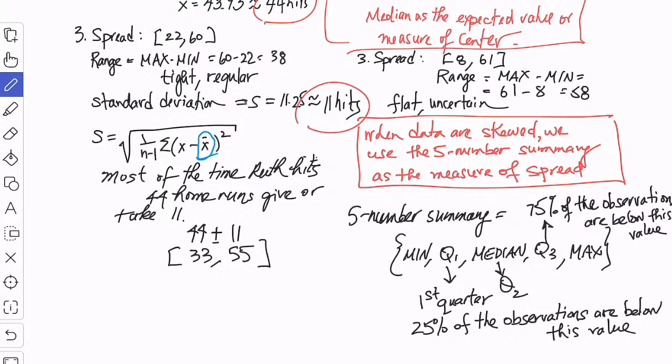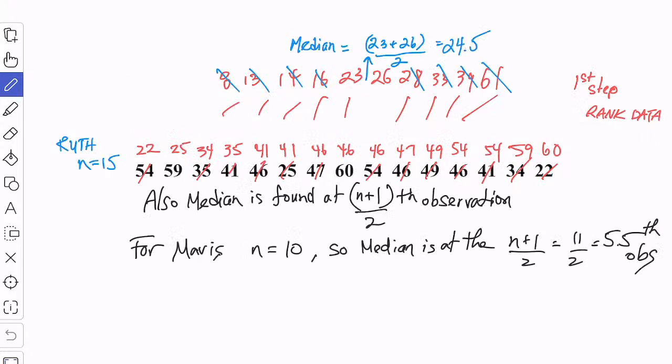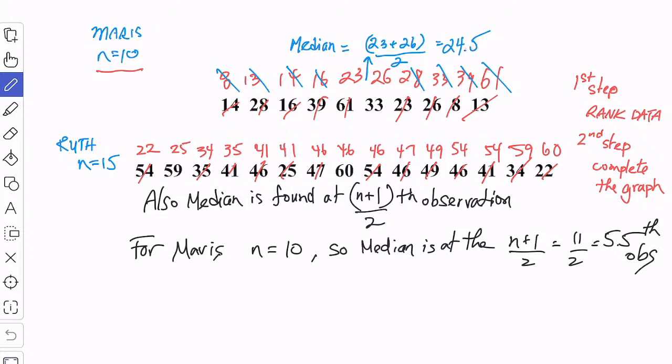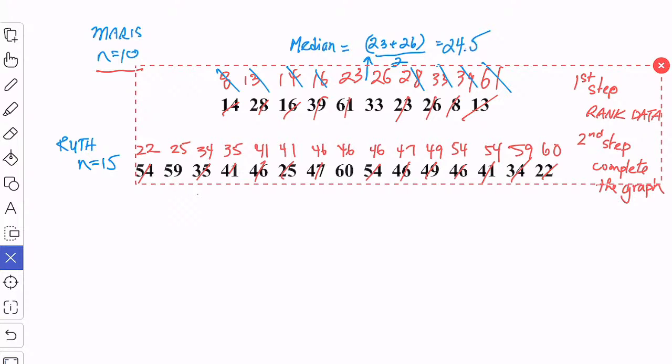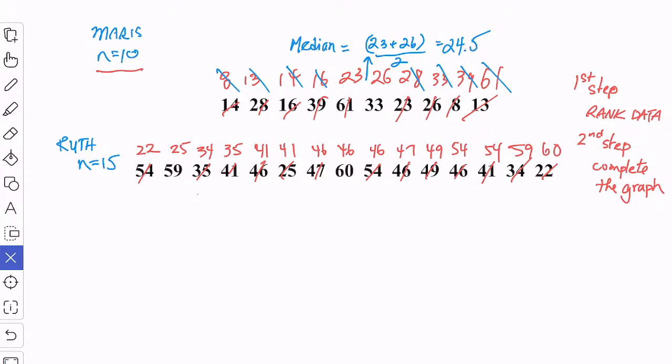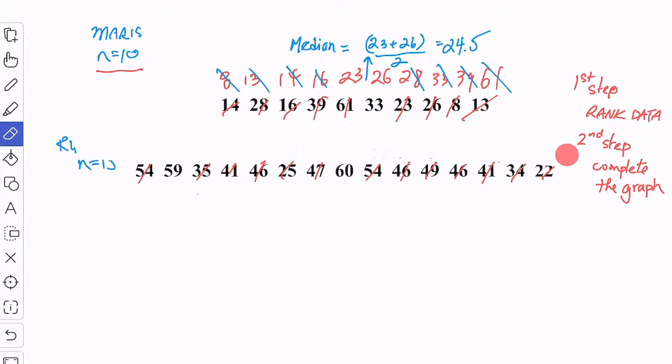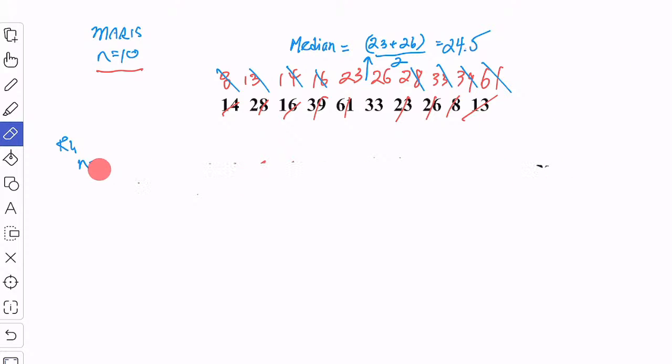So how do I do this? I return to my data. And now what I want to do, I'm just going to do this for Maris, because I don't need to do it for Ruth. Let's see if I can erase this to make space.